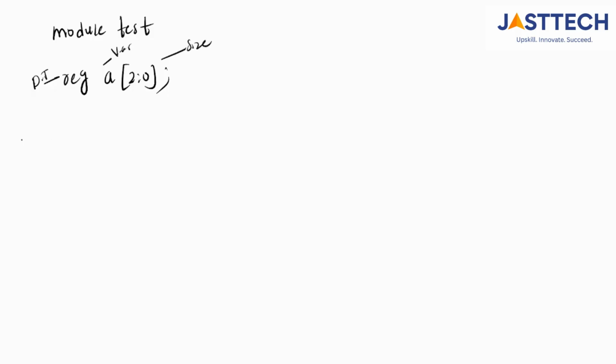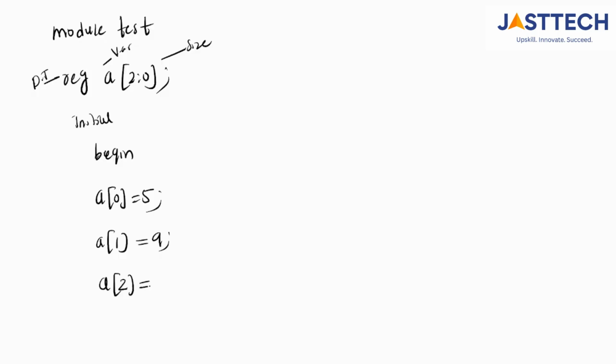I am using begin, a of 0 equal to 5, a of 1 equal to 9, and a of 2 equal to 3. Okay, end.